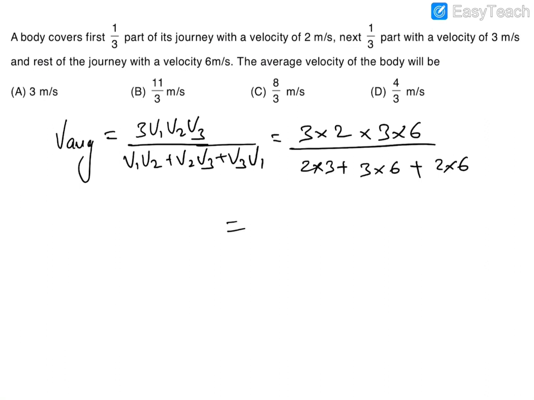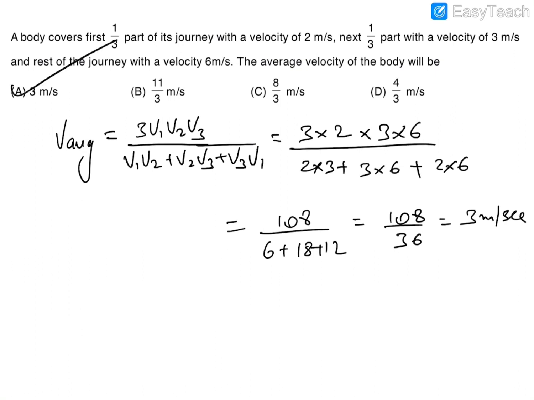So this is 9 into 2, 18, and this is 18 into 6, so this is 108, and here it is 6 plus 18 plus 12, so this is 36. So this is 108 upon 36. So it would be 3 meters per second. So the correct answer is A.